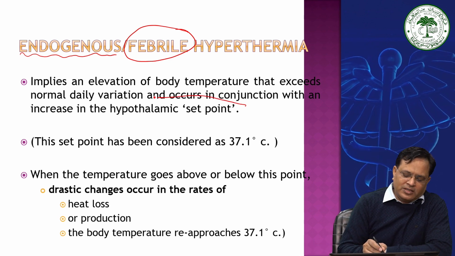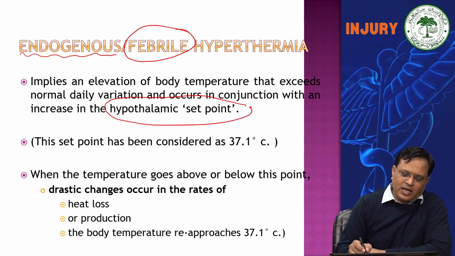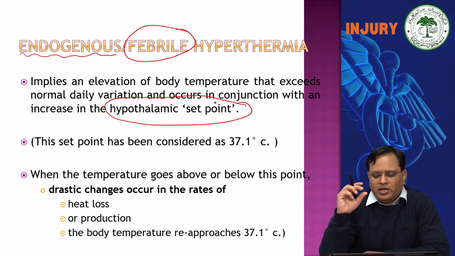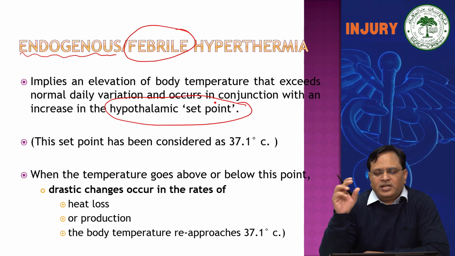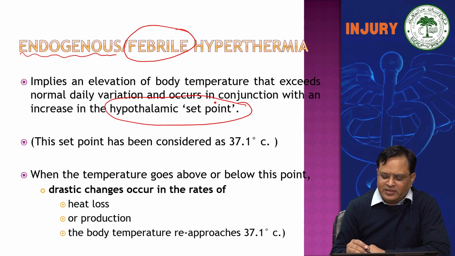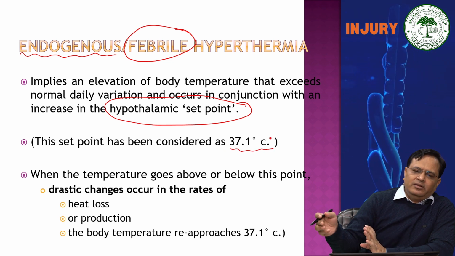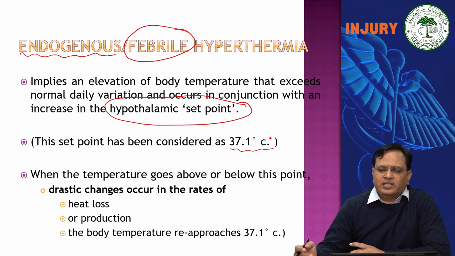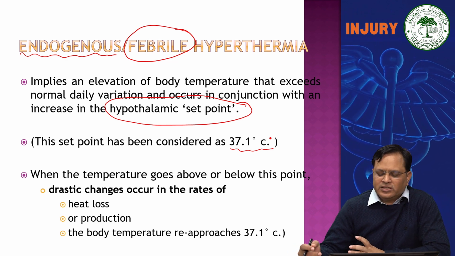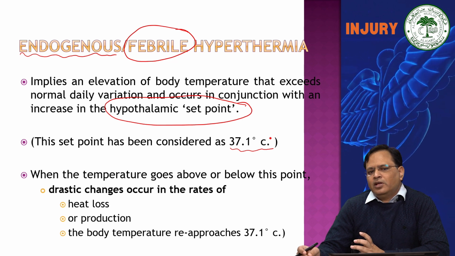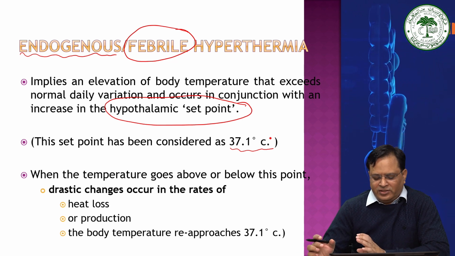In the hypothalamus there is a constant point that keeps the body temperature around 37.1 degrees centigrade, which is an average. It may be 36 to 37.5, but the average comes to around 37.1 degrees centigrade. So the hypothalamic set point is around this.